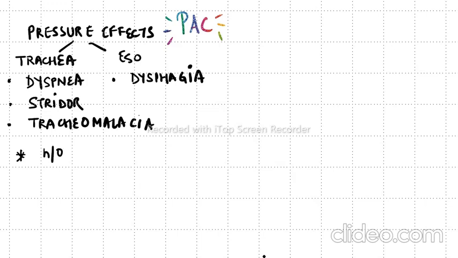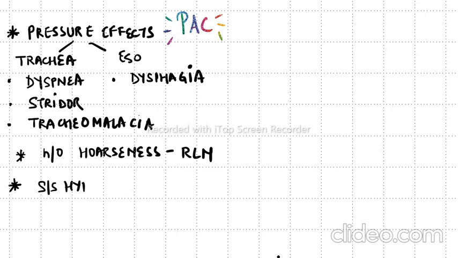Ask for any history of hoarseness to assess the recurrent laryngeal nerve. Look for signs and symptoms of hypothyroidism and hyperthyroidism. See the reports of thyroid hormones, thyroid function test.